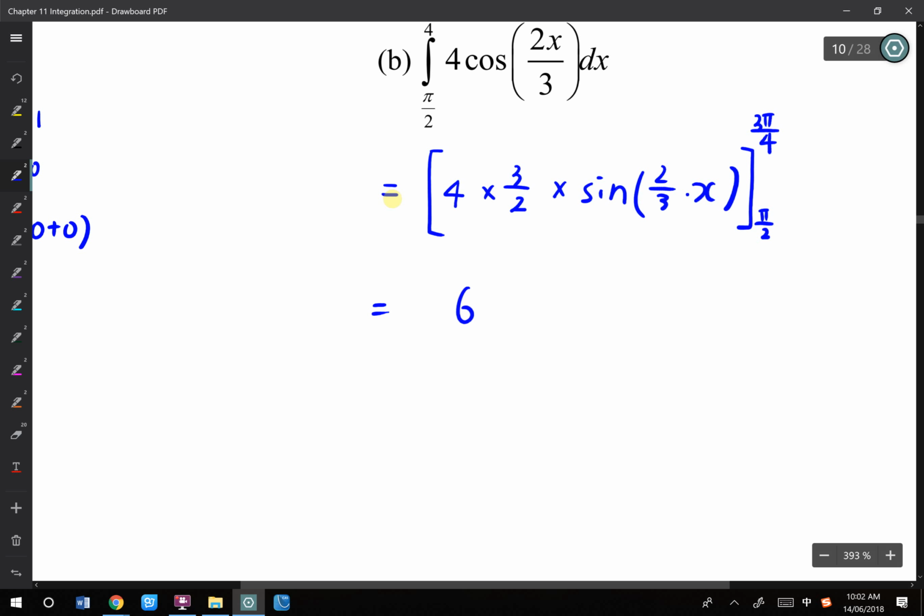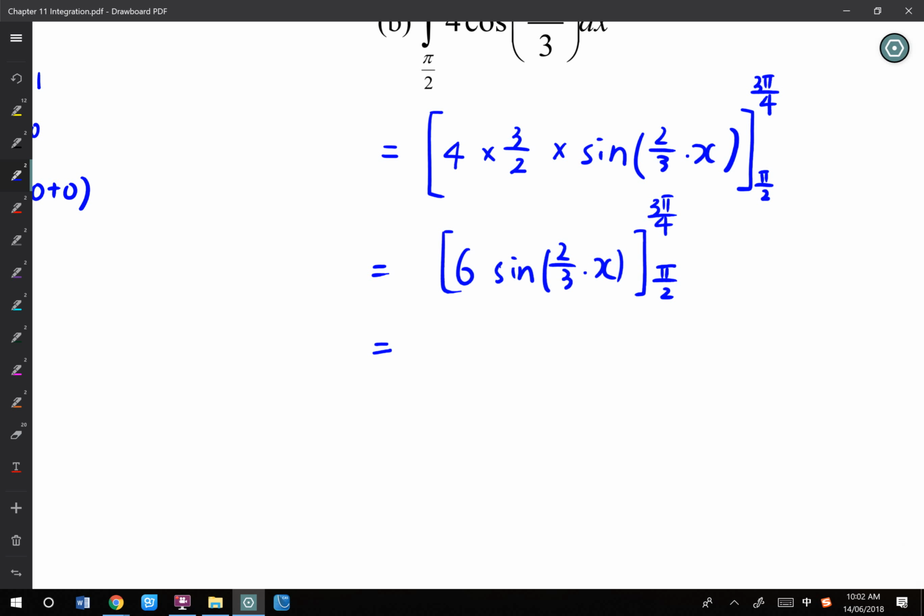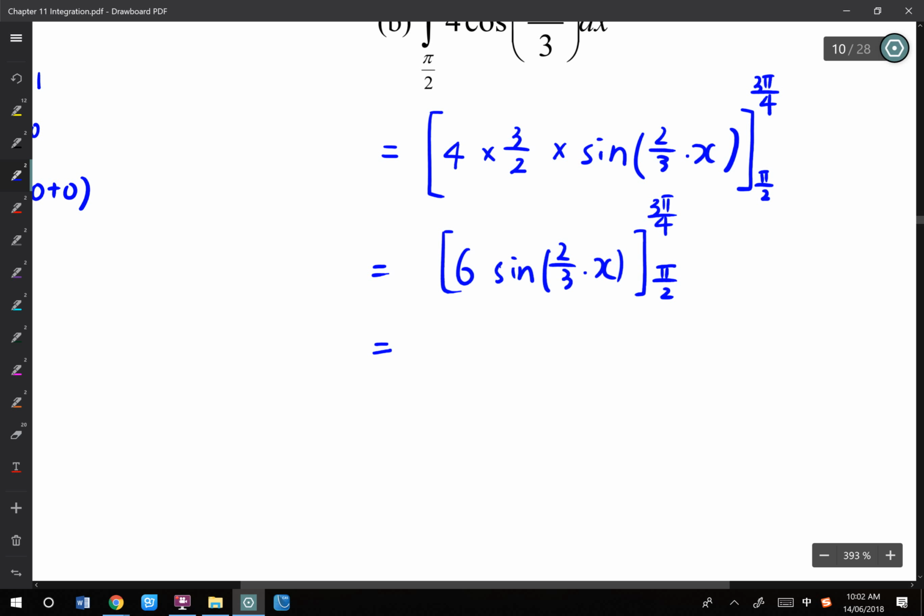So what I have here is 6 sine of 2 over 3 times x, from pi over 2 to 3 pi over 4. Well, you can take the 6 outside the bracket because it's 6 lots of that sine minus 6 lots of another sine, so you can take 6 as a common factor. But you can also just keep the 6 involved in the calculation. So when I sub the first number in, that's 6 sine of 2 over 3 times 3 pi over 4, minus the second substitution, 6 sine of 2 over 3 times pi over 2.